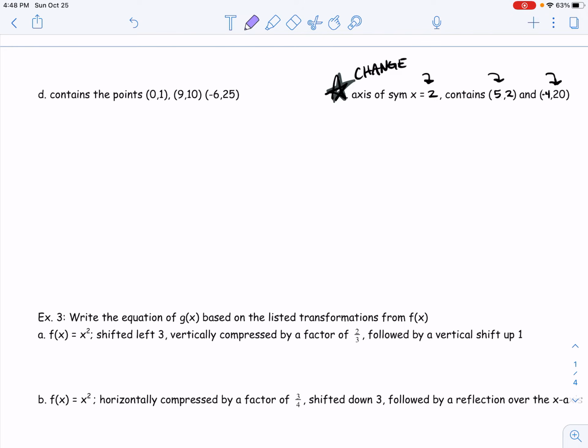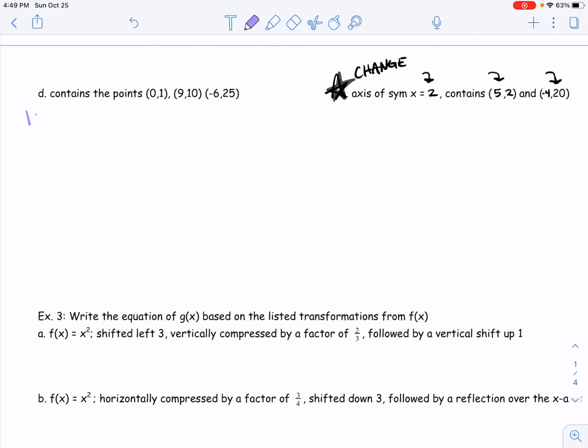So what we're going to do is create 3 equations with these 3 points, creating a 3 by 3 system. So using the first point, 0, 1, y equals ax squared plus bx plus c.